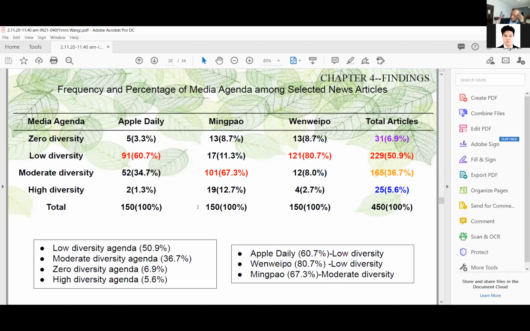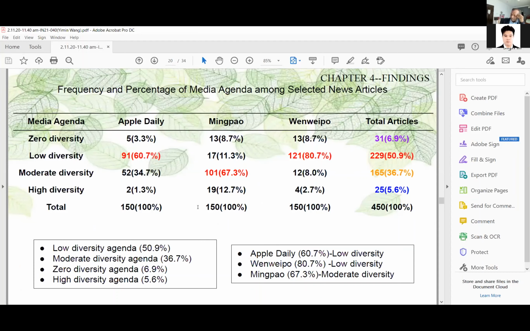So we can see the result. First of all, the total sample distribution is 3 newspapers, each with 150 articles, totaling 450. The two-way random reliability calculation result is 0.85. It is acceptable, not very high, but acceptable.